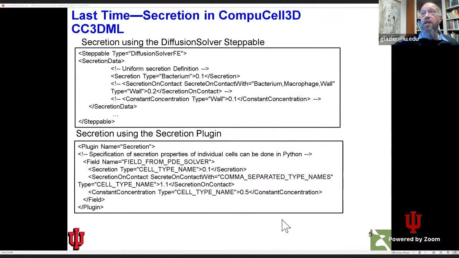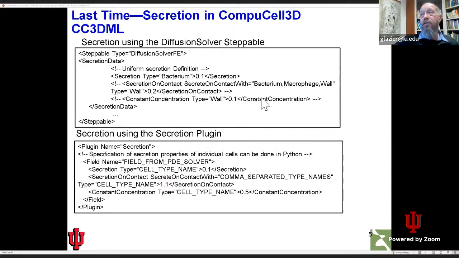And if we look inside of the CC3DML, the syntax is fairly consistent. In the Diffusion Solver, we have a section called secretion data. And we can either define a uniform secretion rate by cell type, which I've shown here, the first example.